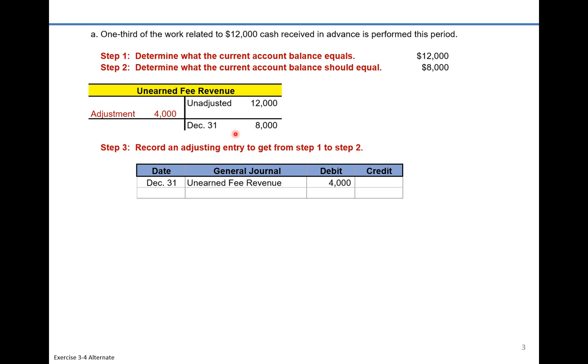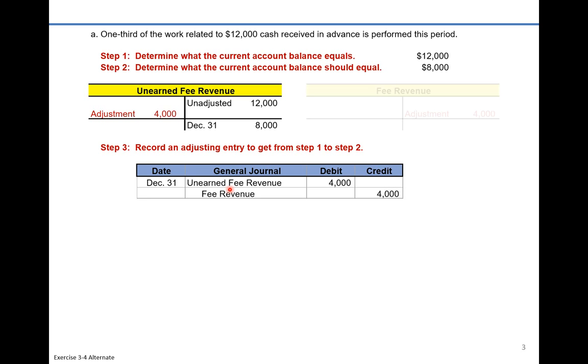That leaves 2/3, or 8,000, that's not been performed yet, so we're still liable to perform that. We still have that liability called unearned fee revenue. So the journal entry is we're going to debit the unearned revenue account for 4,000, and then we're going to make that 4,000 revenue for us with a credit as well. Okay, so that's the first transaction.